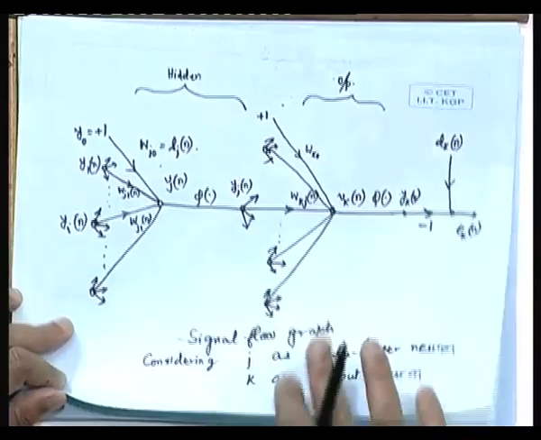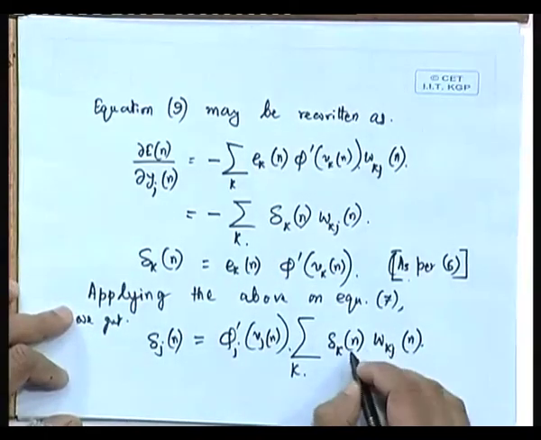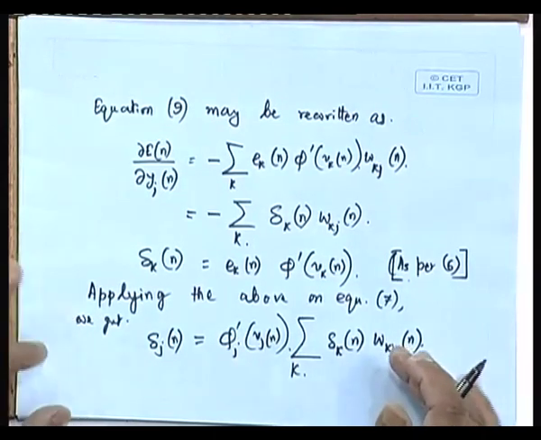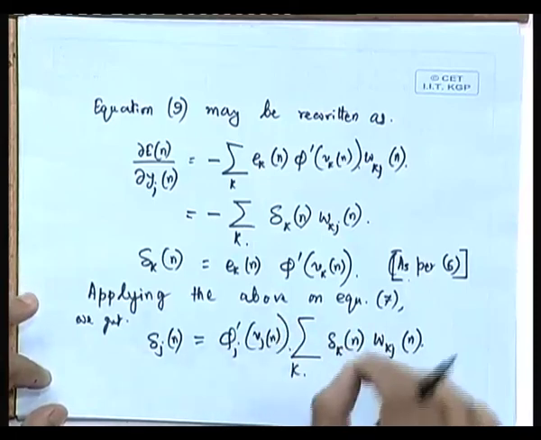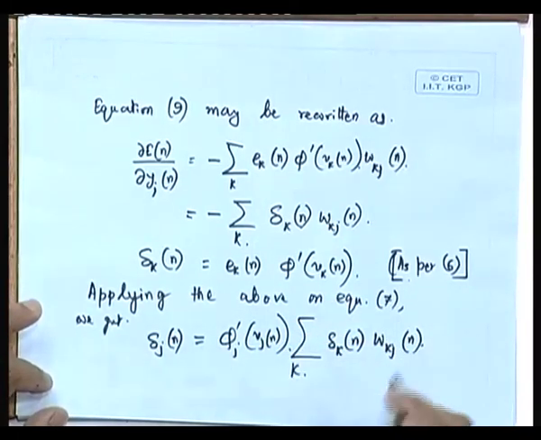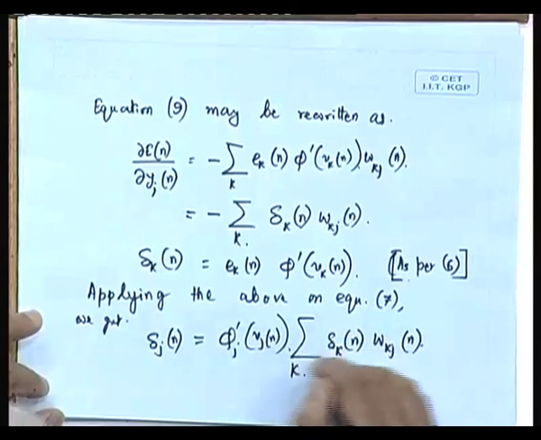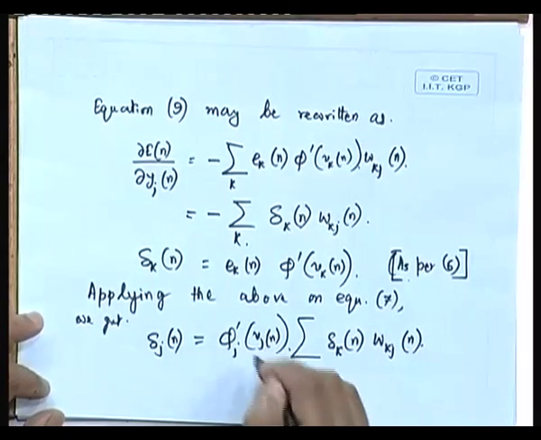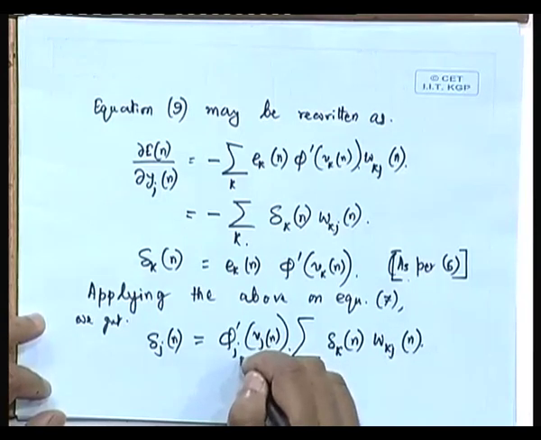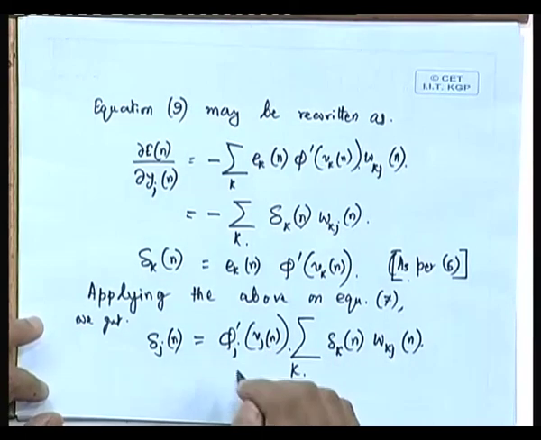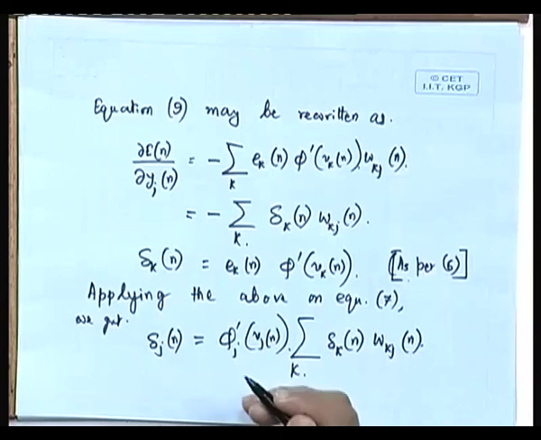Since we are summing over all the k's, whatever local gradients we have at the outputs, we are considering the weighted summation over all of them, and then we are multiplying it by the derivative of the activation function of itself, that is phi dash j, the derivative of the activation function of the jth neuron, and then only we are getting delta j.